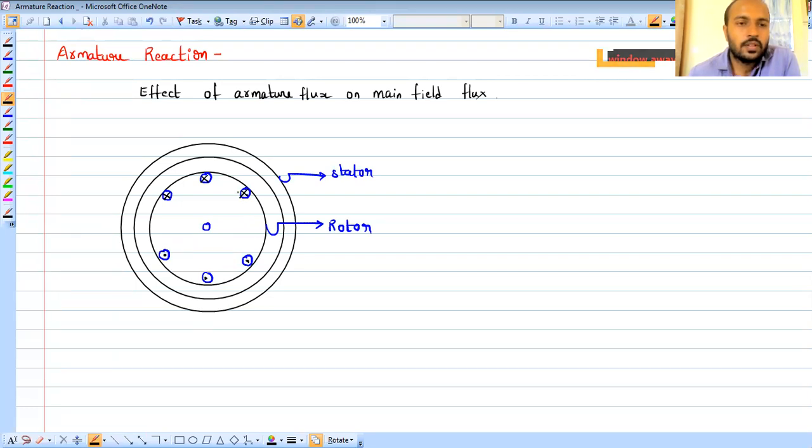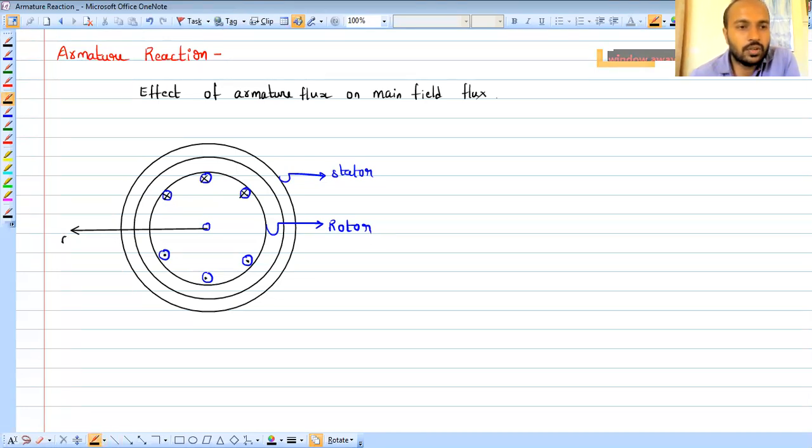Okay. So by applying the right hand thumb rule, you can find the direction of flux, right? All the top side conductors are represented with cross, that means current is entering, and here at the bottom current is leaving. So by applying the right hand thumb rule, we can say the direction of magnetic field produced by this winding will be like this.